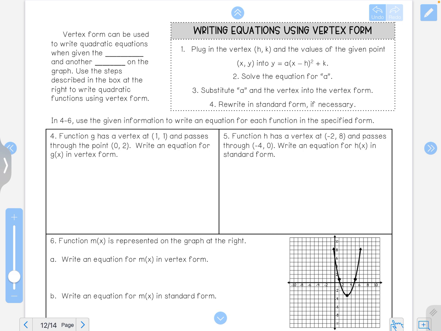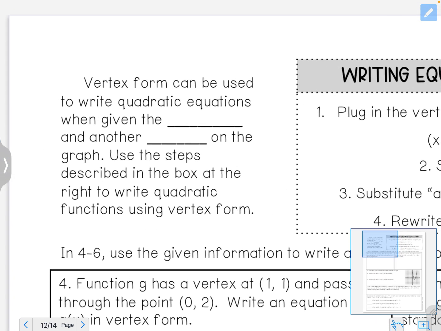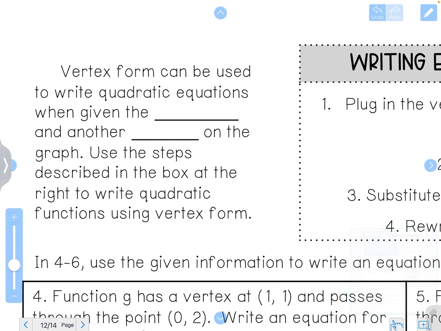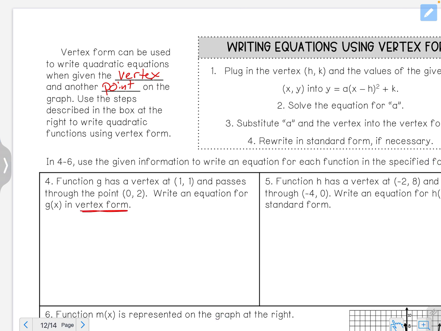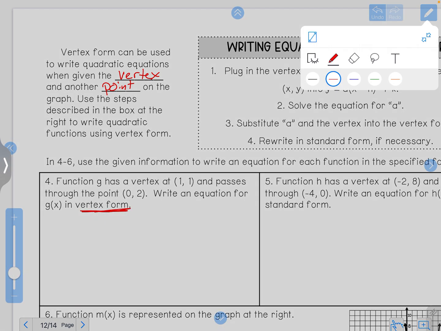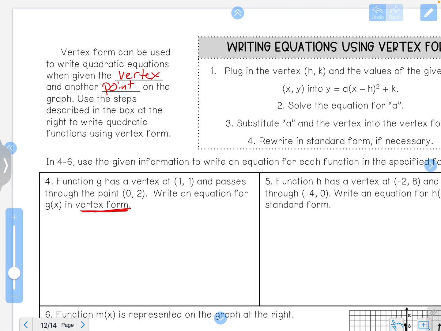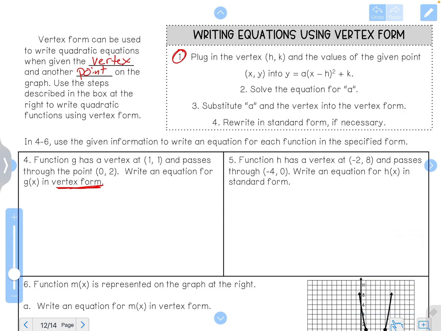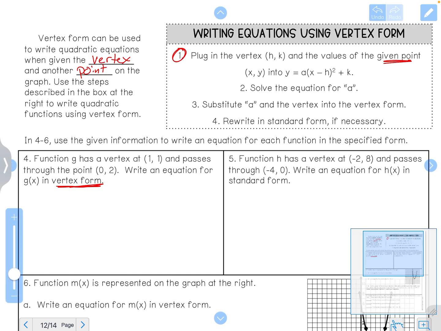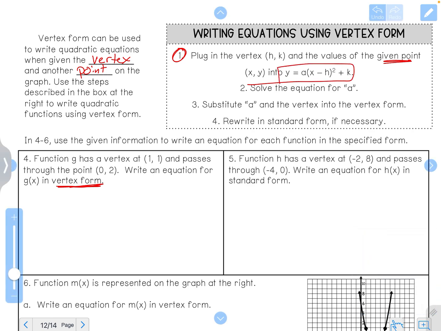All right, so how can we write an equation using vertex form? Vertex form can be used to write quadratic equations when we're given the vertex and another point on the graph. So this first one just wants us to write it in vertex form, but step 1 is going to be that we're going to plug the vertex and the given point into our vertex equation.